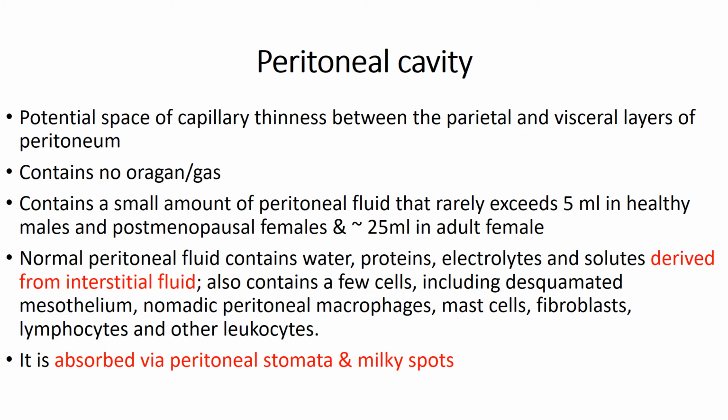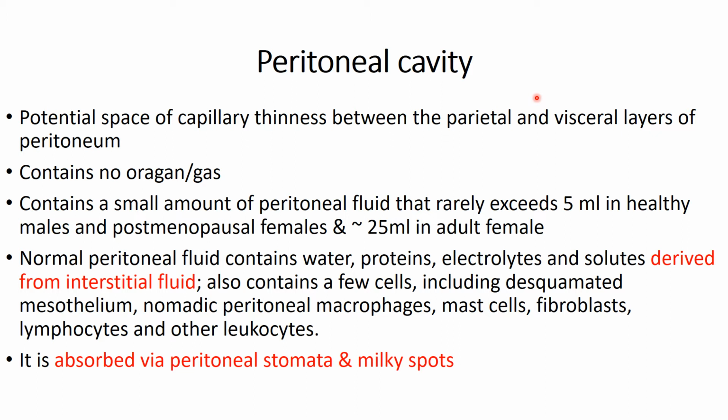Now the peritoneal cavity is again similar to the pericardial or the pleural cavity. It is a capillary thin space between the parietal and the visceral layer of the peritoneum.